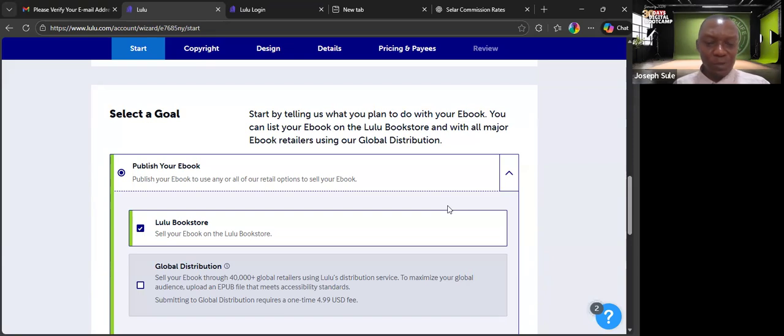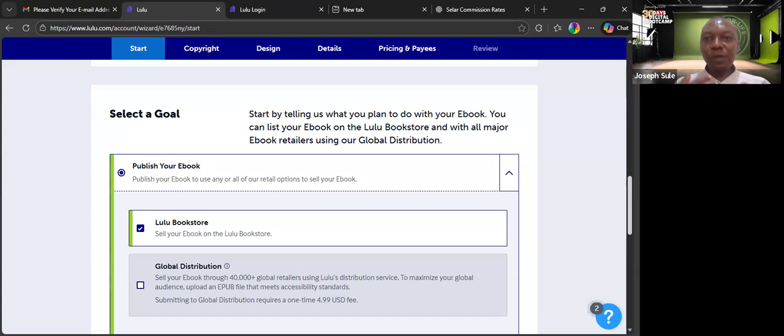Now we have come to global distribution. What is this global distribution? Lulu as a platform works in partnership with other platforms that sell books and other things too. So what Lulu is saying is that you can upload your book on your Lulu account and sell it there.